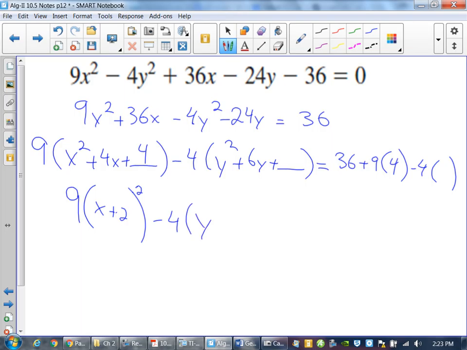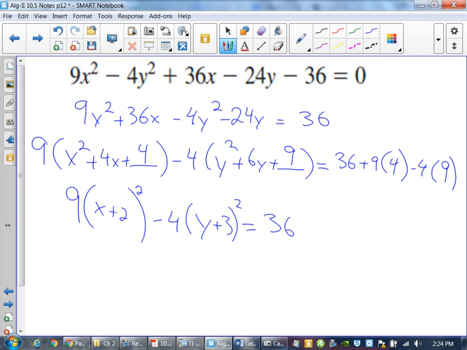What's half of 6? I square it, and what do you get? 9 here, and a 9 there. And you'll see the numbers don't work out all that terrible. Now it's very similar to when we set up the first day of hyperbolas when you had to divide stuff out.